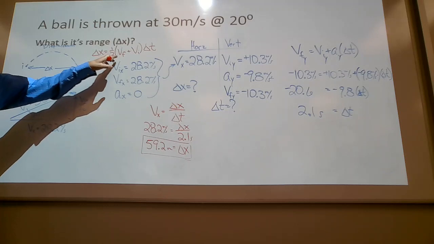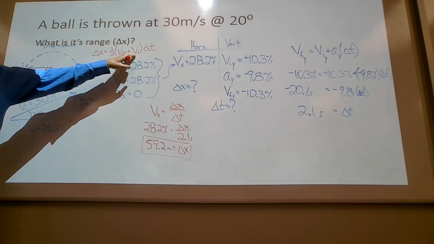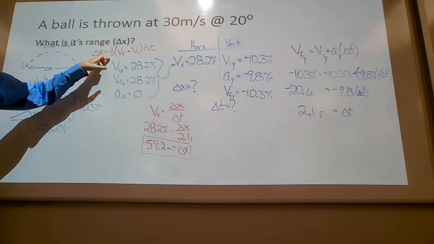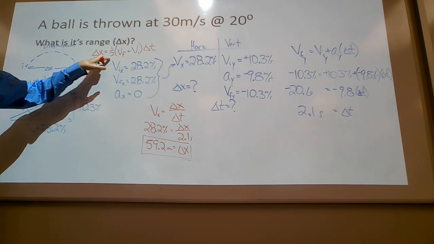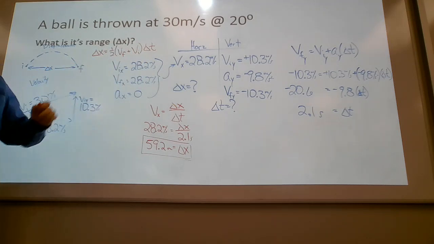So you would stick in 28.2 plus 28.2 because it's constant, and then divide it by 2, which is 28.2 multiplied by 2.1 seconds.